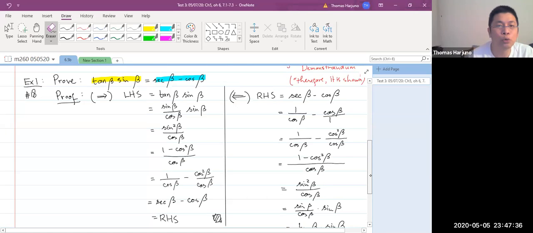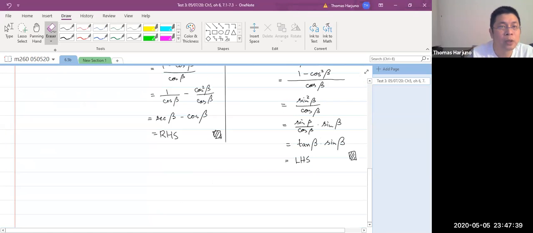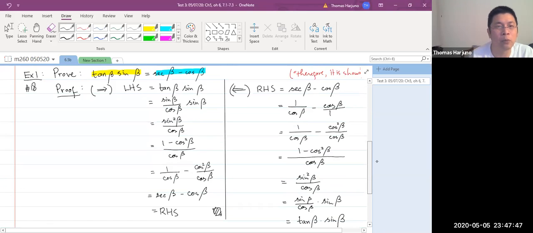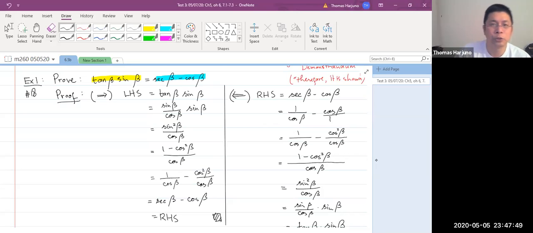I would like to do more questions, and these more questions also represent some other techniques. Now here, the main point from this example one is that I show you the structure of the proof.